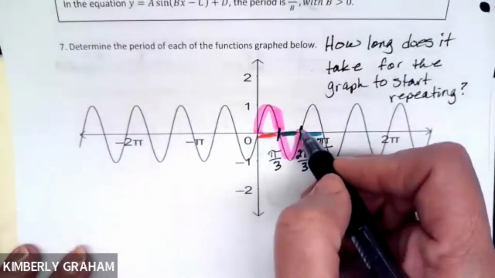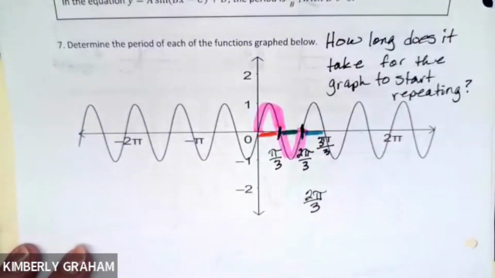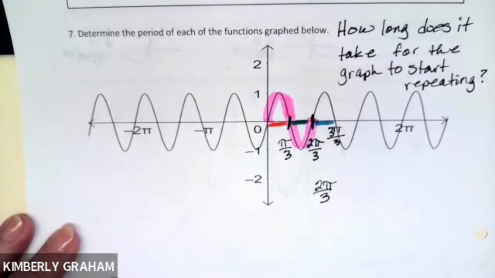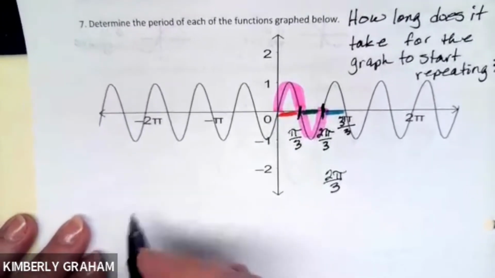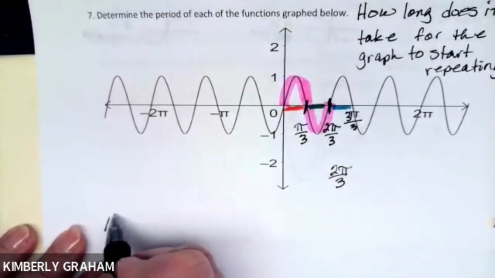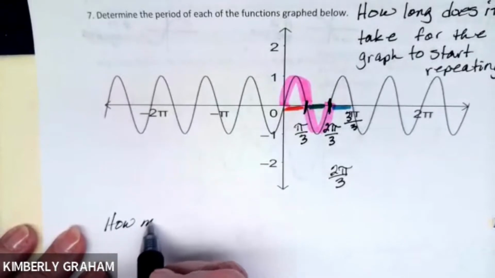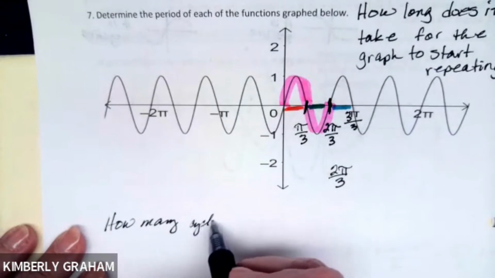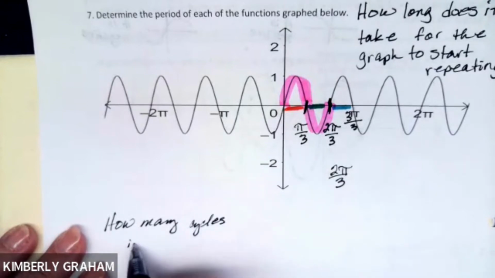And it's at this point here that it starts repeating. Well, that point is the 2 pi. Another way that I could look at this is to figure out how many cycles are there in 2 pi.